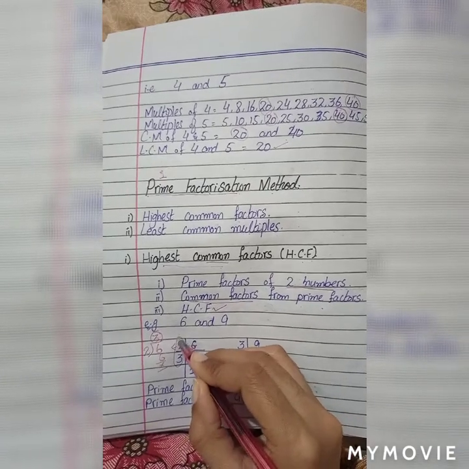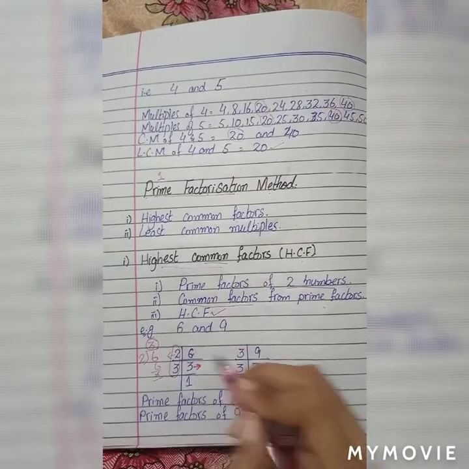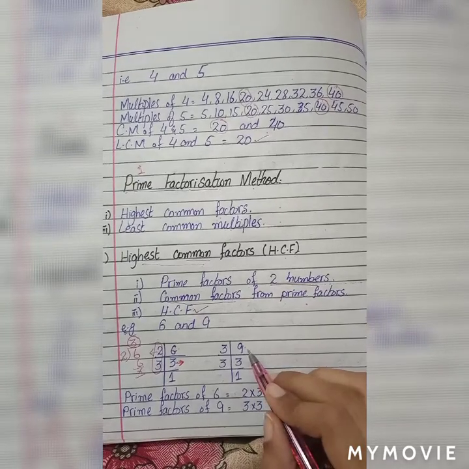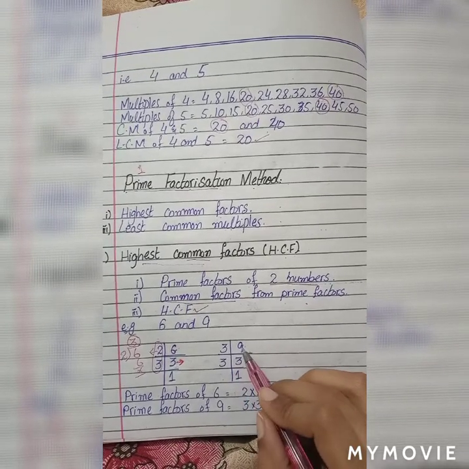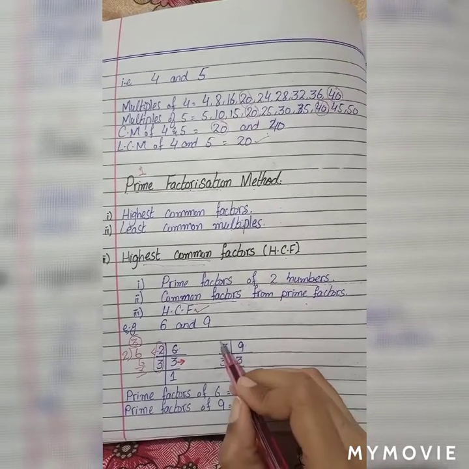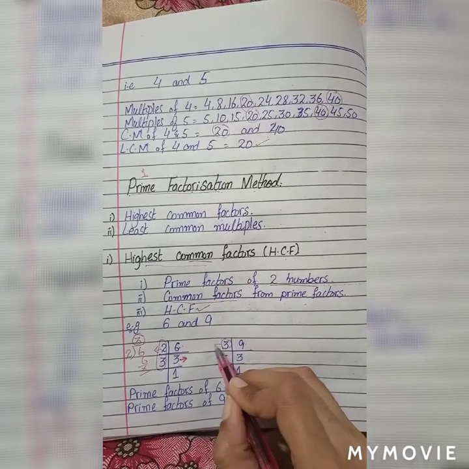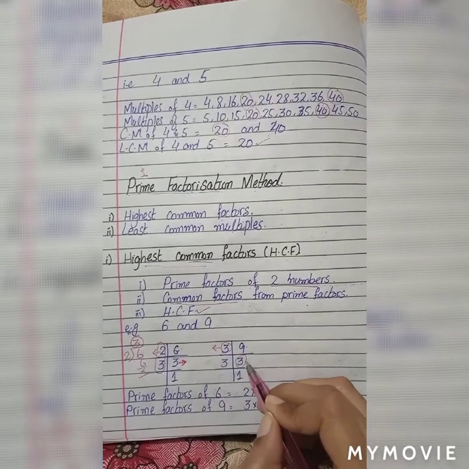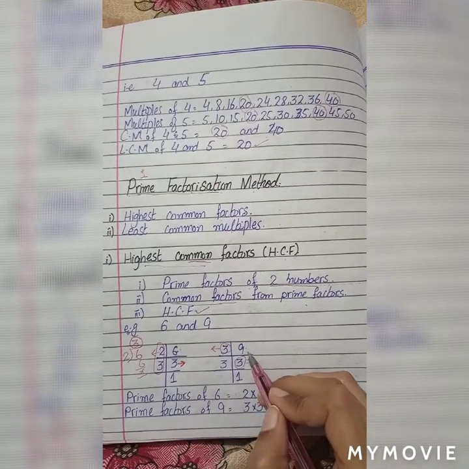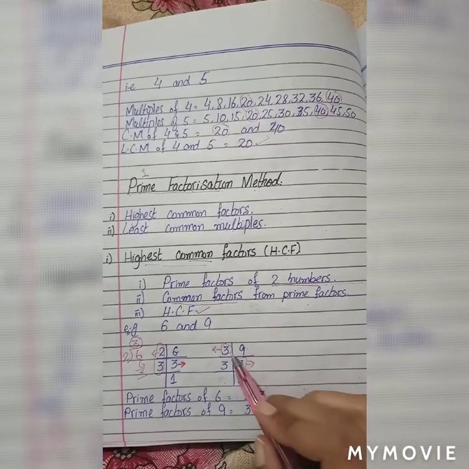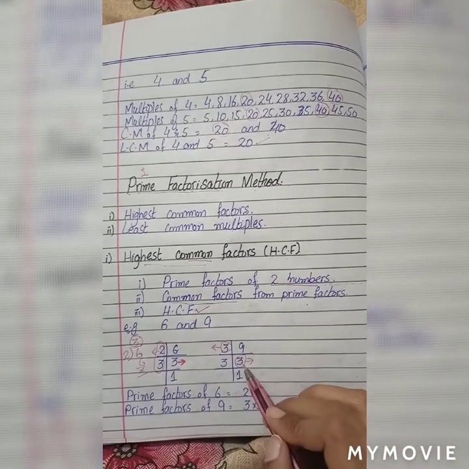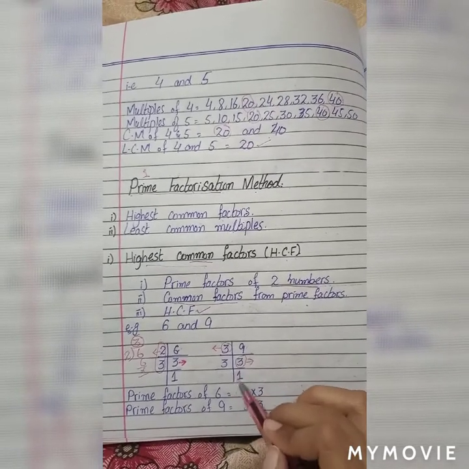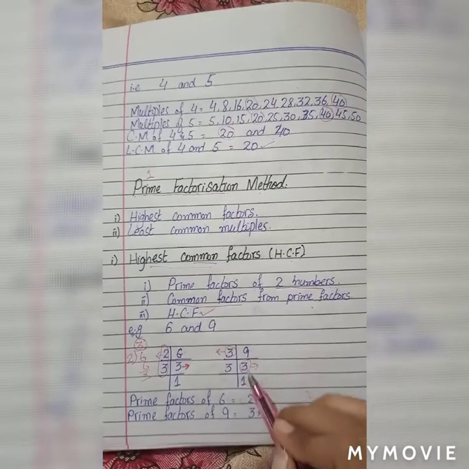These are the prime factors of 6. The other number is 9. 3 3s are 9. Again 3 is our divisor and this 3 is our quotient. In prime factors, 3 and 3 are our factors. 3 3s are 9, 3 1s are 3.